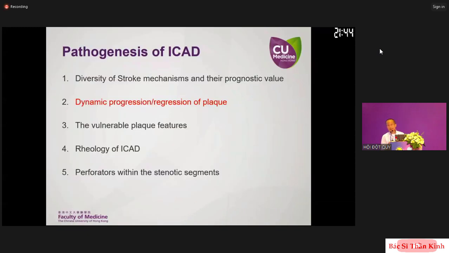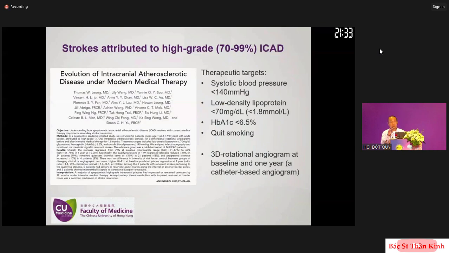So the second important pathogenesis of ICAD will be the dynamic progression or regression of plaque. So ICAD is definitely not a fixed stenosis. Okay, in this prospective study, we recruited 50 patients with very high-grade symptomatic stenosis.